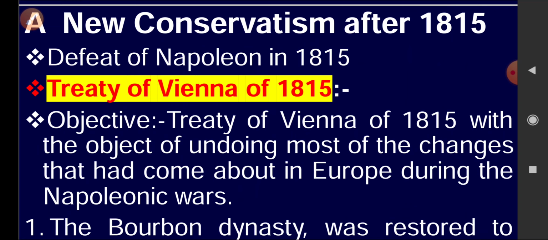Napoleon Bonaparte brought many changes in Europe from 1799 to 1815. People called him a liberator or the modernizer, and national sentiments came into the minds of people. They started thinking about democracy and liberal ideas.